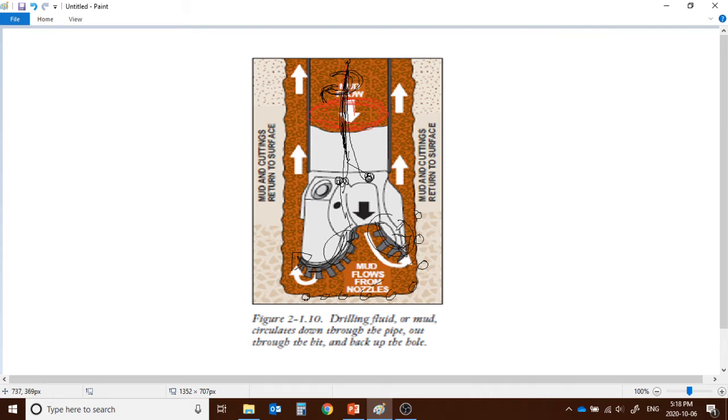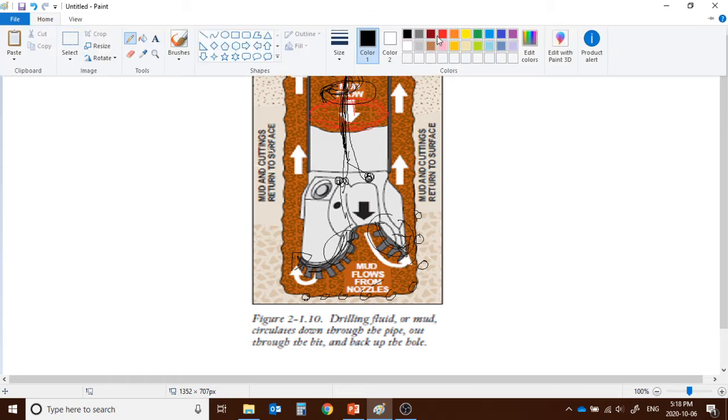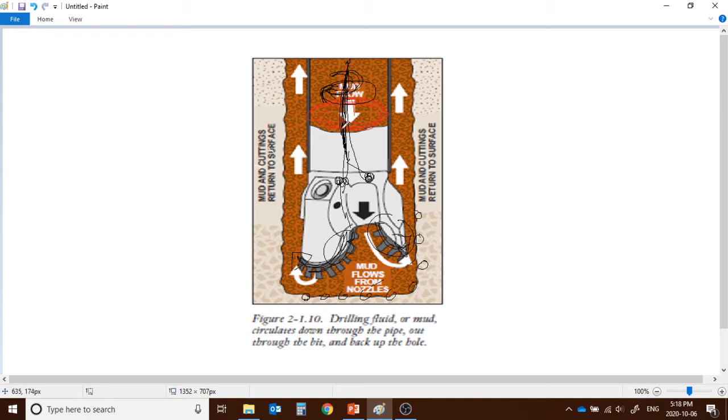So how can you do that? Here the mud is an important thing. What the mud does is, I'll use this color, mud goes inside.